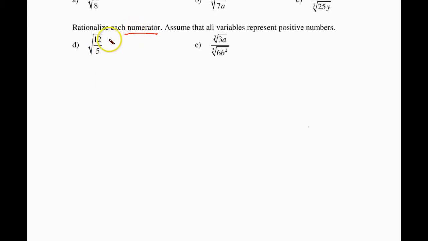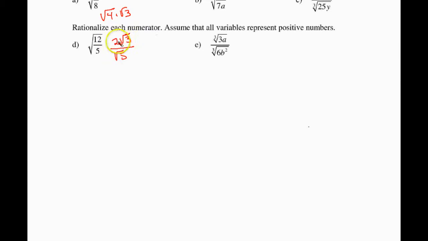Okay, so this is 12. 12 is the square root of 4 times the square root of 3. So the square root of 4 is 2 the square root of 3. So you could do this ahead of time here. And this is over the square root of 5.